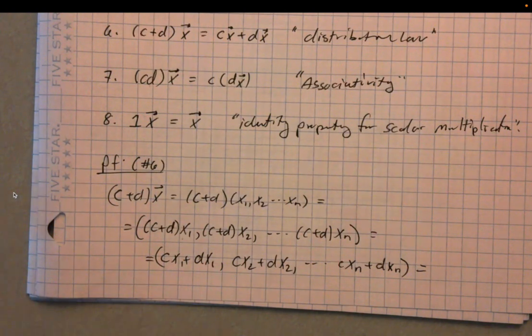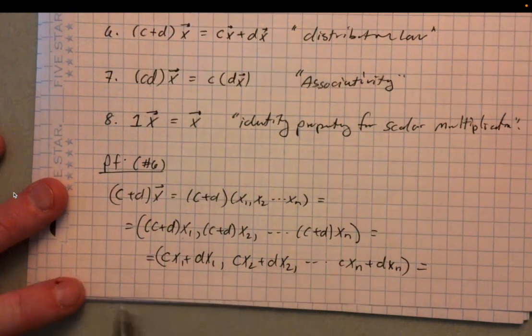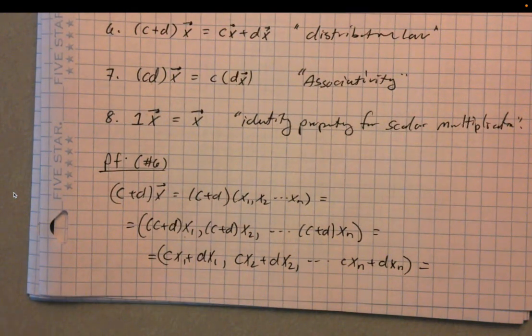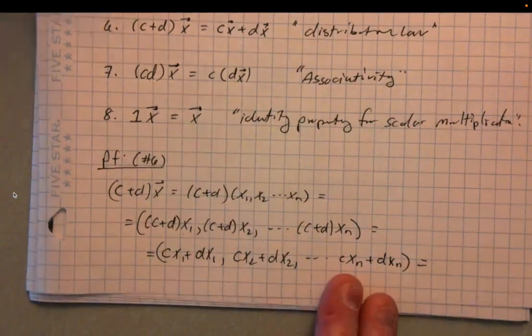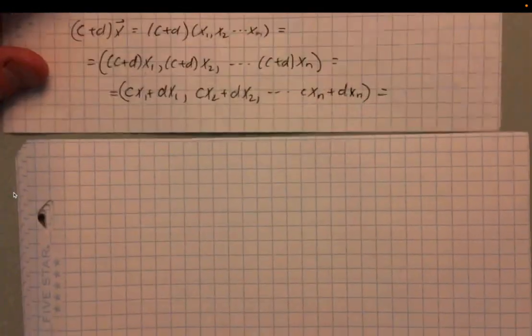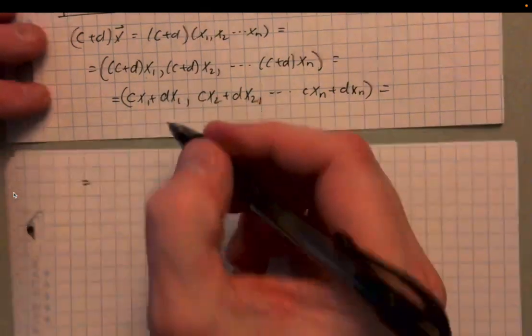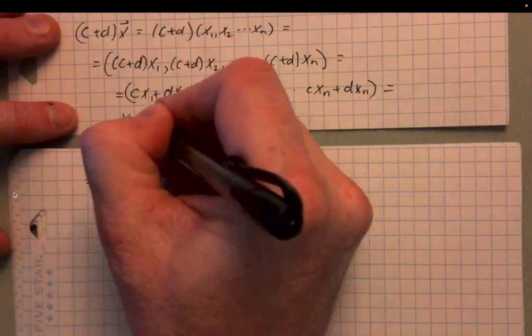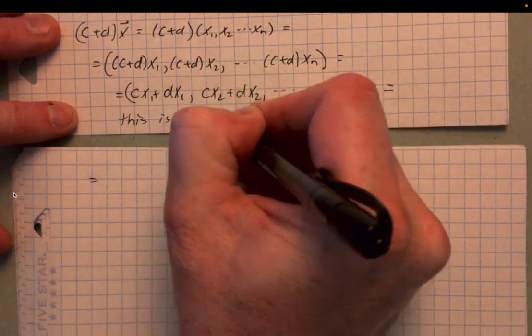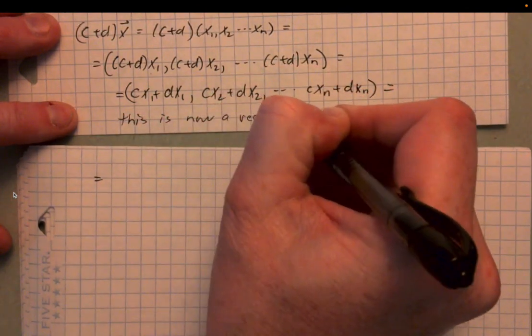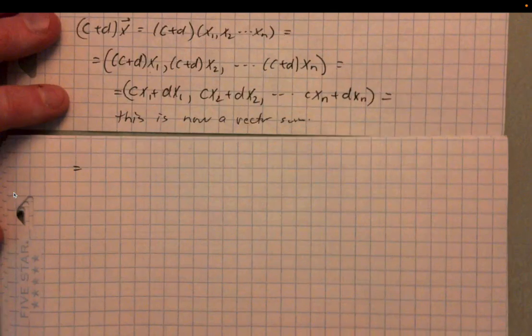Right, and so what I can do here is separate out the two vectors. This looks a lot like just a vector sum, where you've got two vectors that you're adding together. Let me write that. This is just a vector sum. And what are the two vectors in the sum?